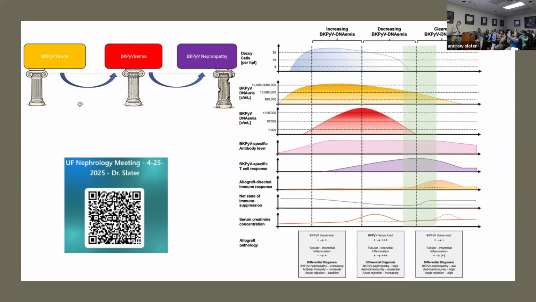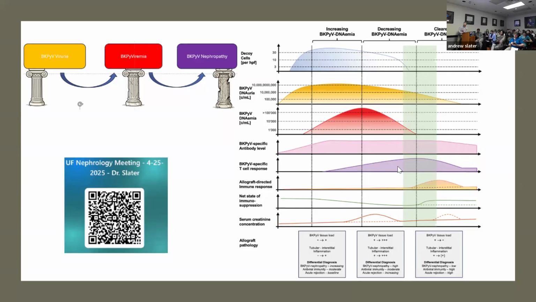I'll talk a lot about the natural history of BK virus and sum things up. I really like this graphic that I found from the new guidelines. Right here is time of transplant, and then as time goes forward, you first get BK virus DNAuria, BK virus in the urine, then decoy cells appear, and then you have DNAemia. There's a specific antibody level response.